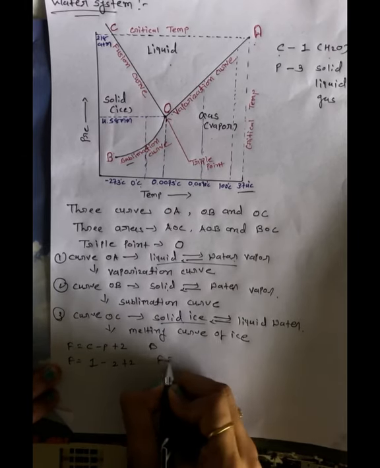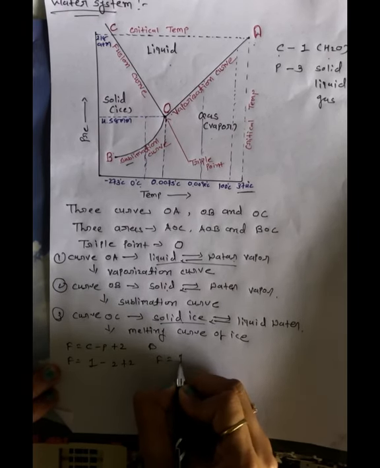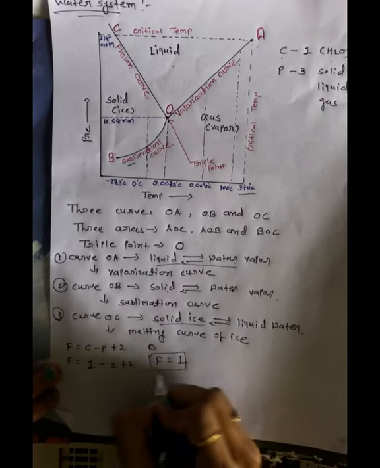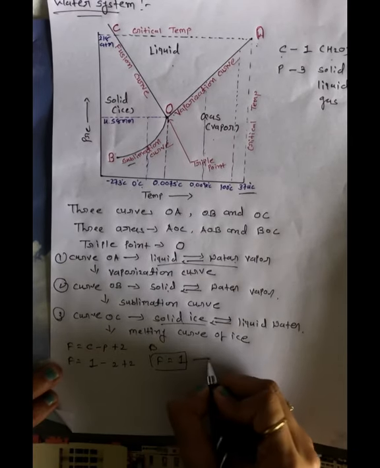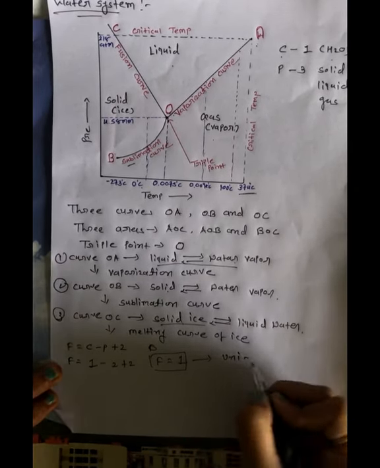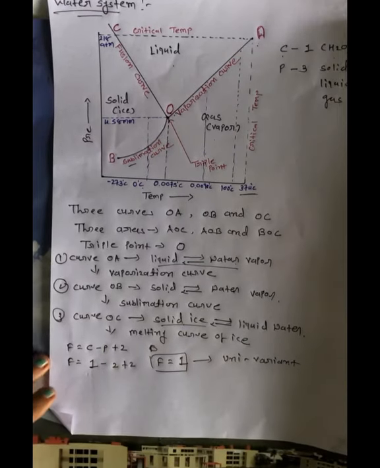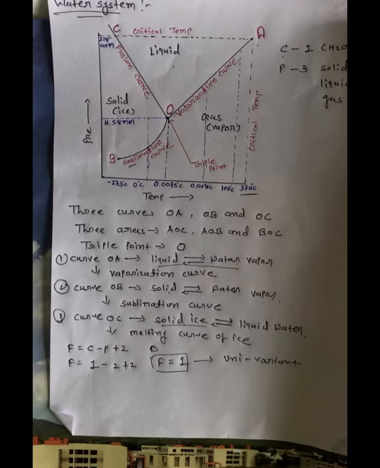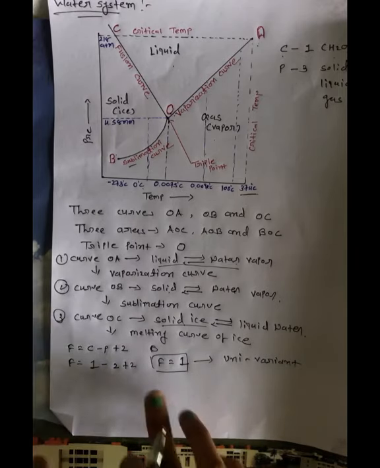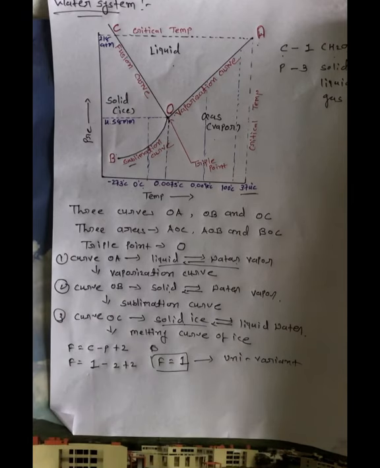So F is equal to 1. So for a curve, the degree of freedom is univariant. As I told you above, curves represent univariant. So F is equal to 1. So this is the univariant system. That means either temperature or pressure must be fixed to define the curve.